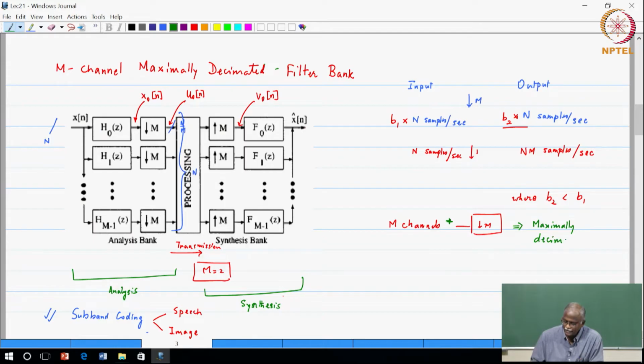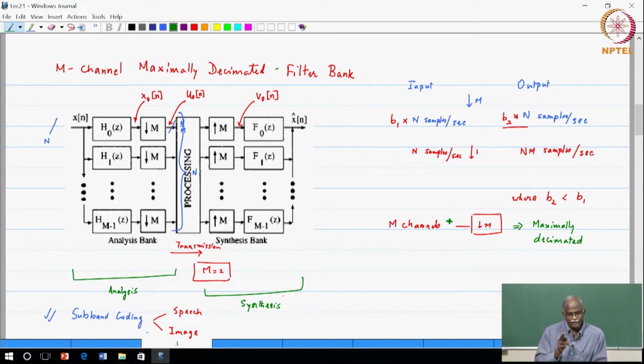Because anything greater than M, where M is greater than the number of channels, will cause you to go below the input sampling rate, which will cause problems. So, basically you are downsampling to the maximum extent possible, okay, that is point number 1.